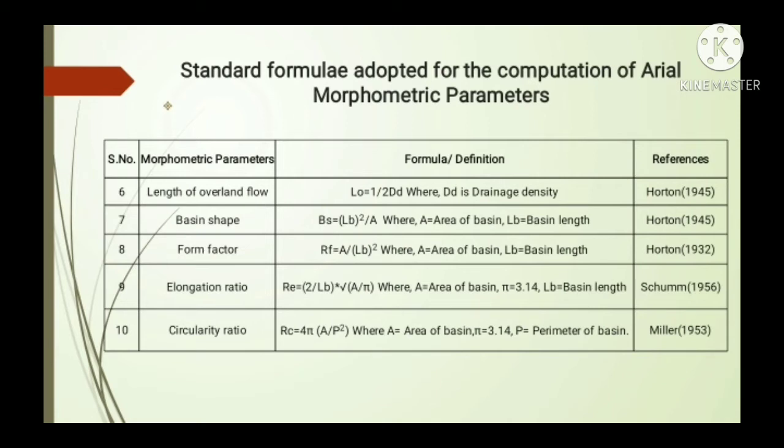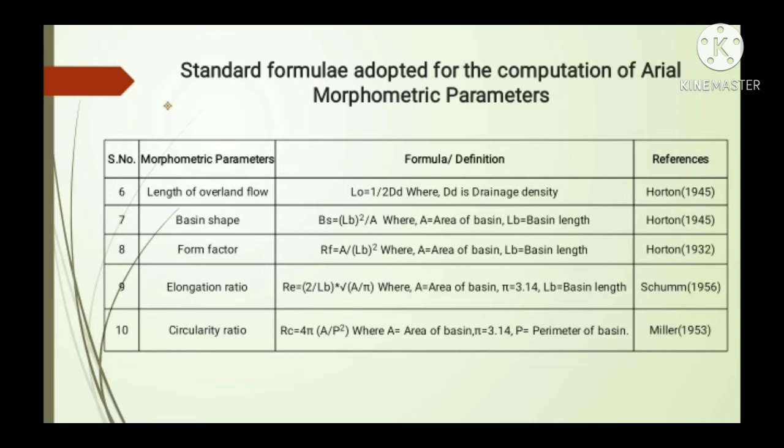The shape of the watershed, which determines the stream discharge characteristics, is signified by form factor. In 1932, Horton defined form factor as the ratio of watershed area to the square of the watershed length. A small value of form factor indicates an elongated watershed shape. The ratio between the circumference of the watershed area to the watershed length is termed as elongation ratio.